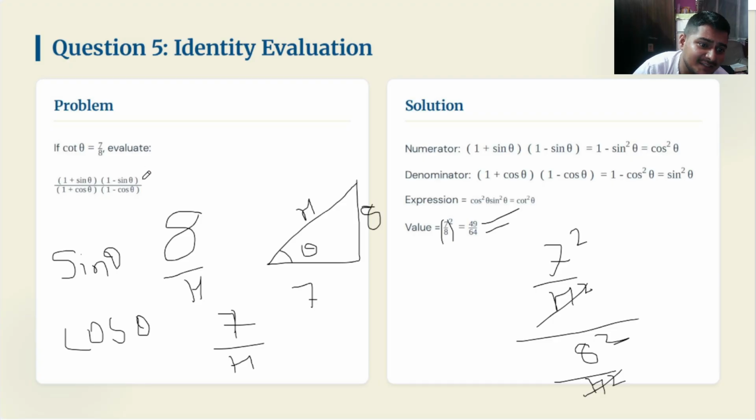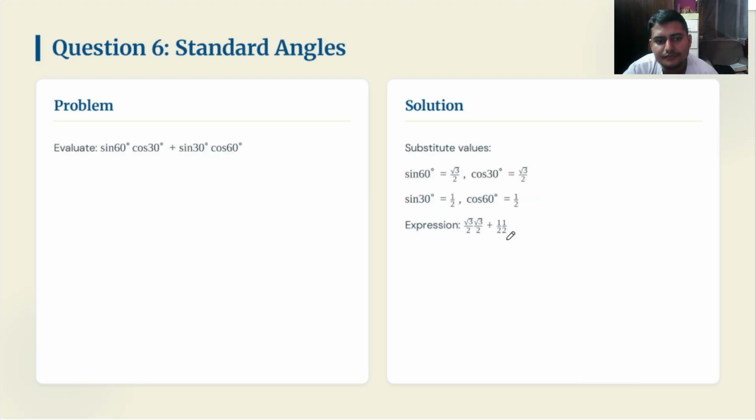In the numerator it is only cos square theta, and in the denominator only sin square theta. So we have got the value of sin theta and cos theta. Putting them over here, we get the value of this expression as 49 by 64.